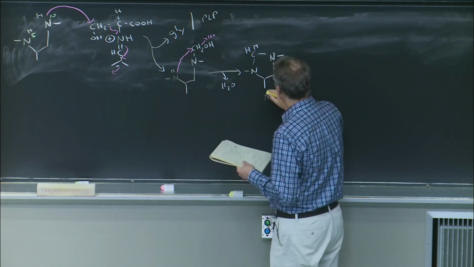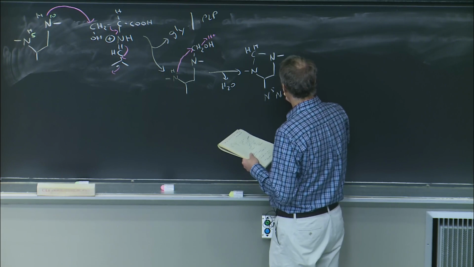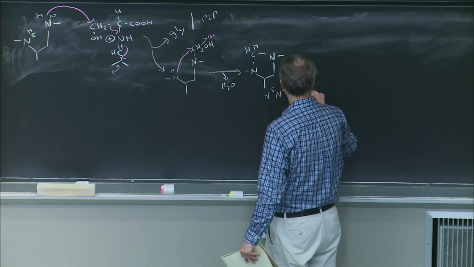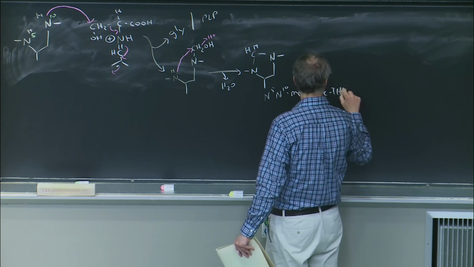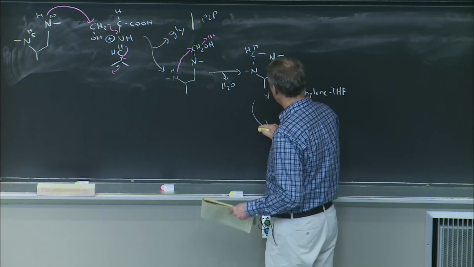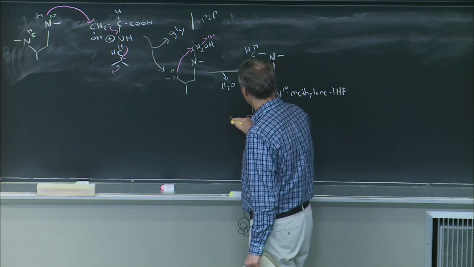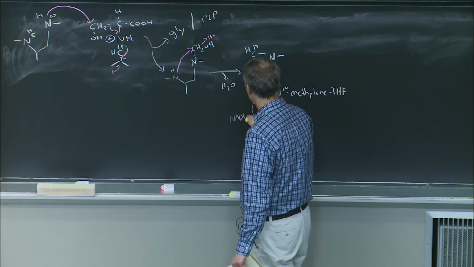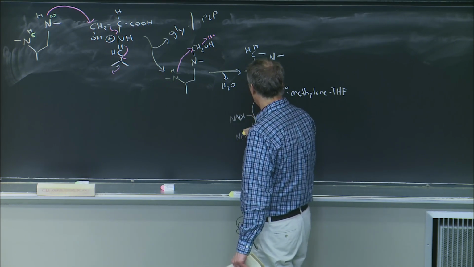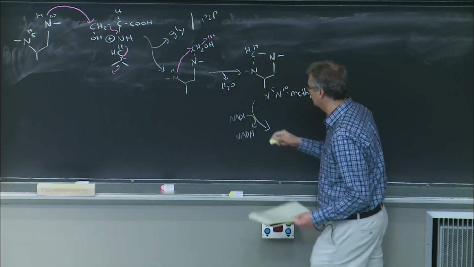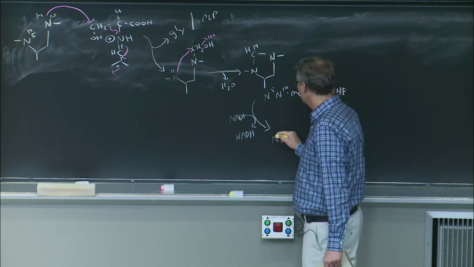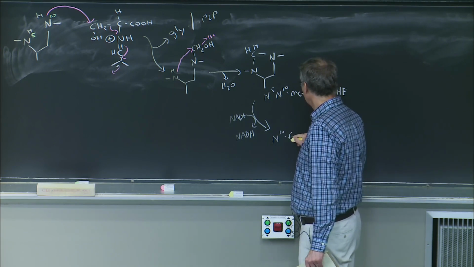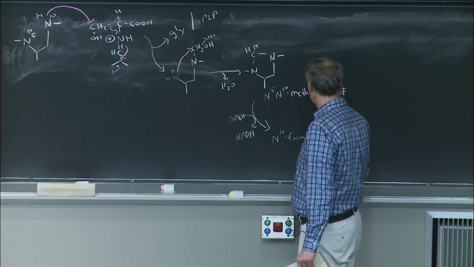which is N5, N10 methylene THF, okay? And if I take this and I oxidize it, okay, I can take the aldehyde to the acid, so oxidation, NAD plus is reduced to NADH. Now I get an N10 formyl THF.